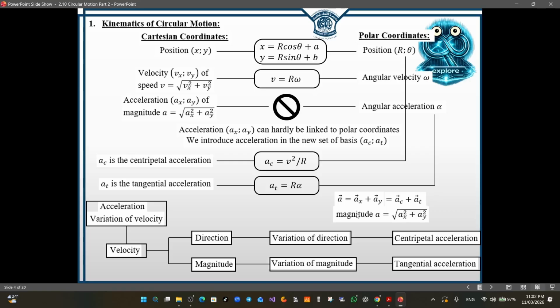In both cases, to find the magnitude at any moment, in the Cartesian coordinate system we simply apply the square root of ax squared plus ay squared. In the new basis, the magnitude of the acceleration is defined to be the square root of ac squared plus at squared, which means, and this is what we're going to find later, that the AC and the AT are always perpendicular to each other.